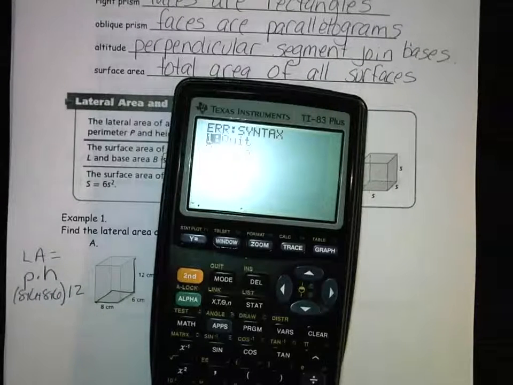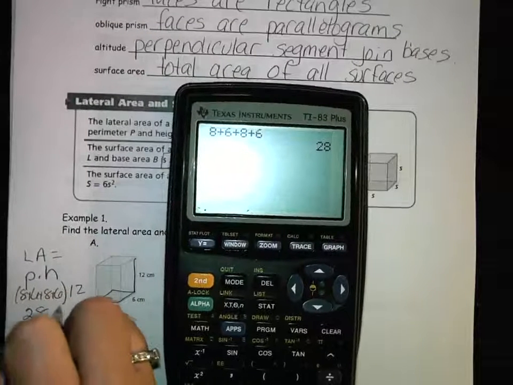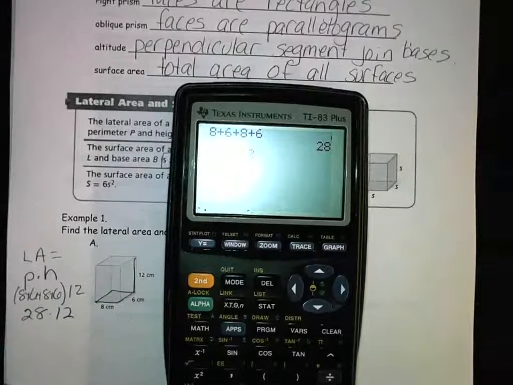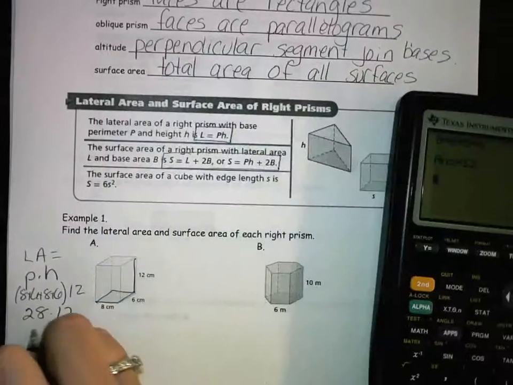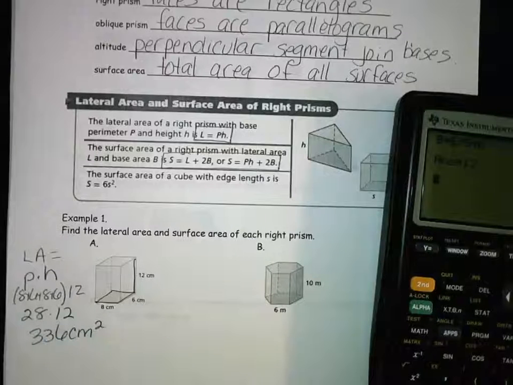And multiplying that, 8 plus 6 plus 8 plus 6 is 28, times 12 is 336 centimeters squared.